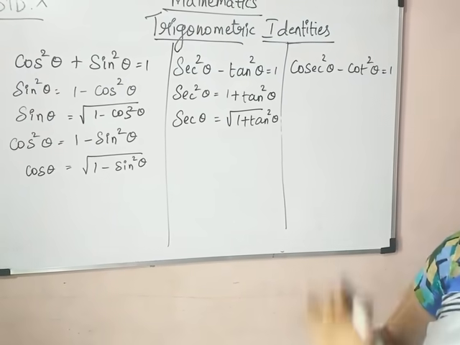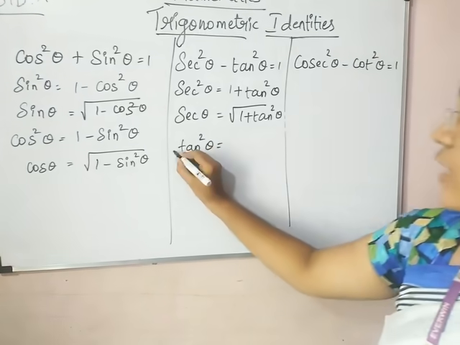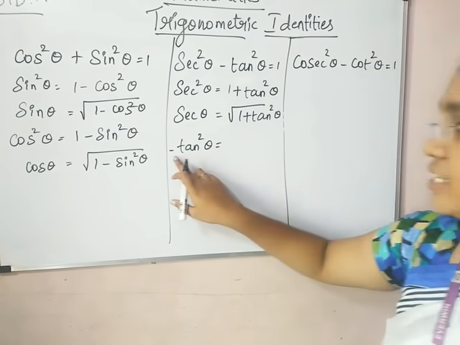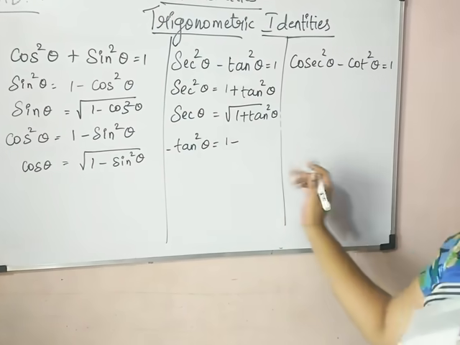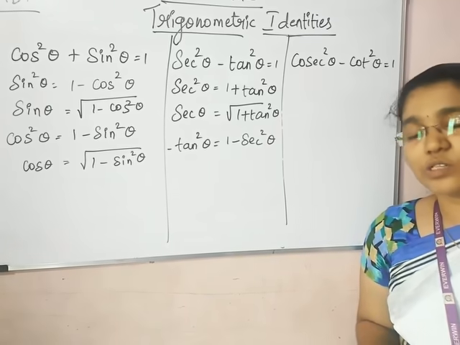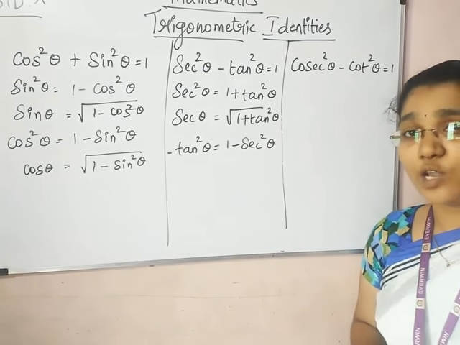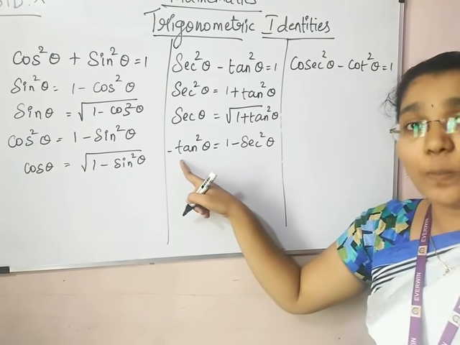Now, if you want the tan square theta value: we actually have minus tan square theta, so write minus tan square theta equal to 1 minus secant square theta, bringing secant to this side. But we don't want minus tan, we want plus tan. How can we convert minus tan to plus tan?